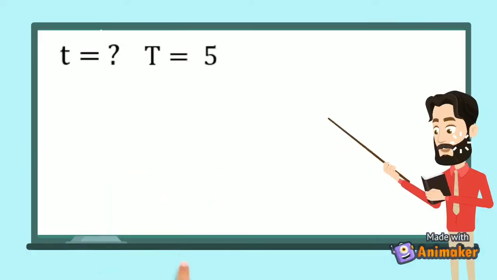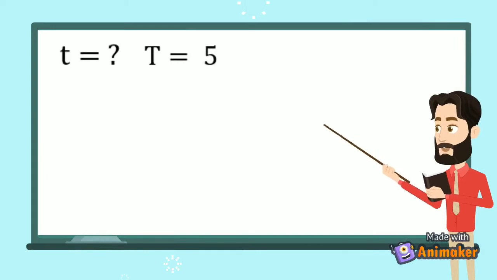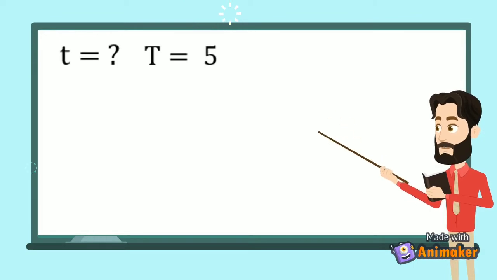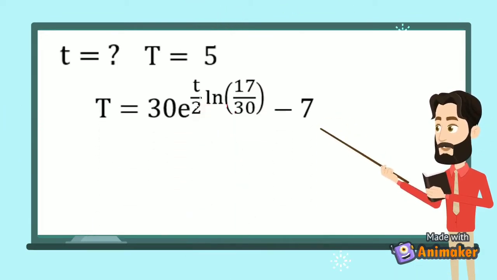To determine at what time the temperature is 5 degrees Celsius, we will use the initial value problem that we got in solution B: T equals 30 e to the power of (t over 2) ln(17 over 30) minus 7.